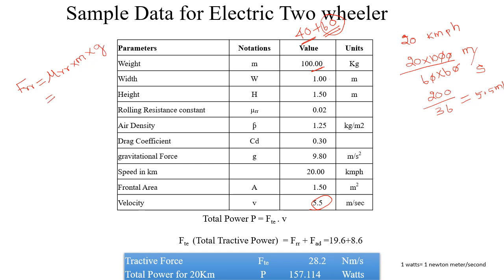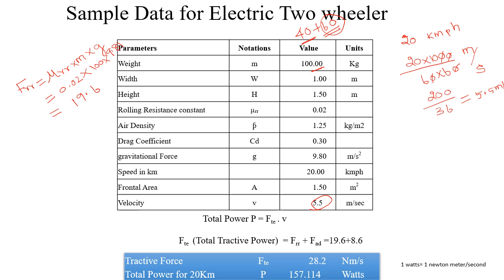This is the rolling resistance constant, which is 0.02, multiplied by the mass, which is 100 kg, then 9.81 or 9.8 meter per second square. So when you multiply all these, you will get 19.6.